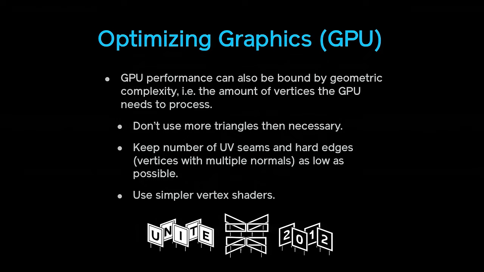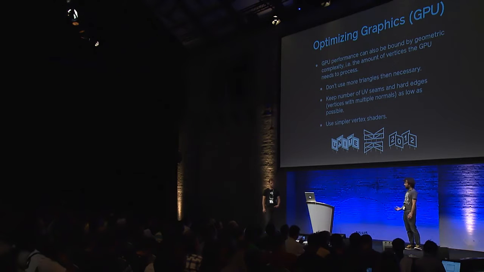Keep in mind that whenever you have UV seams or hard edges, like when you have a vertex which has multiple different UVs or normals, these are treated as different vertices for the GPU. So you get the vertex processing overhead multiple times. And basically everything I said about shaders for optimizing for fill rate also applies for vertex shaders.